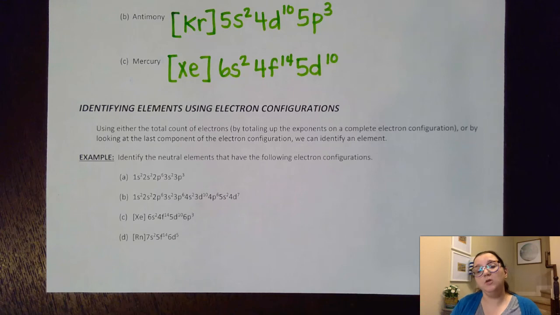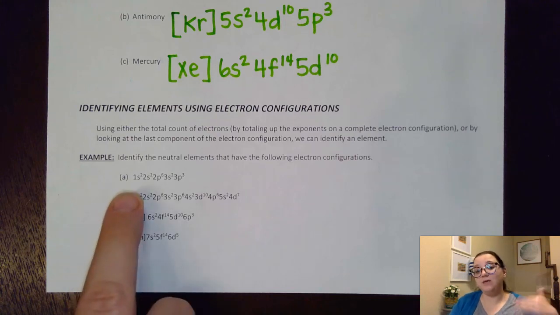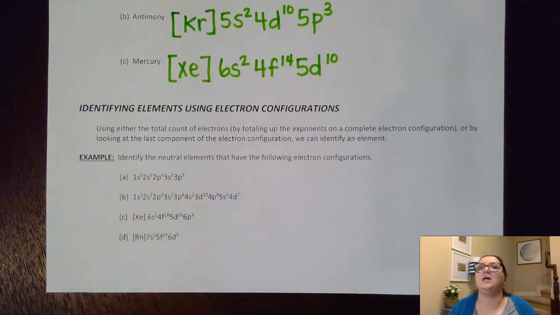However, I will warn you, in AP Chemistry, sometimes we have what are called excited electron configurations, where everything's not in the ground state, where it's supposed to be. Sometimes things are out of place. And so often the whole idea of counting up the exponents actually works better if you know that some of them are excited. Just looking at the last one doesn't always help.